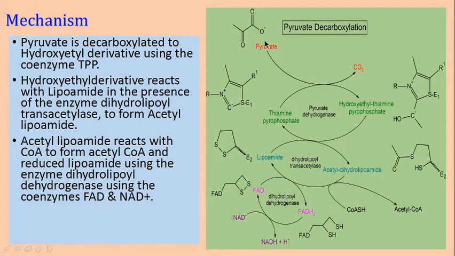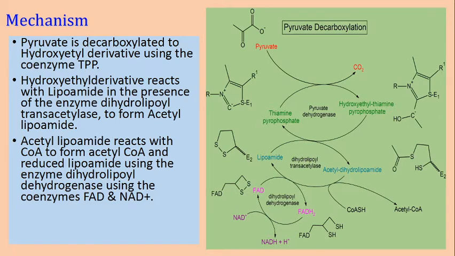Decarboxylation means removal of a CO2 from pyruvic acid. So CO2 will be removed from pyruvic acid with the help of the coenzyme thiamine pyrophosphate to yield the compound hydroxyethyl thiamine pyrophosphate.